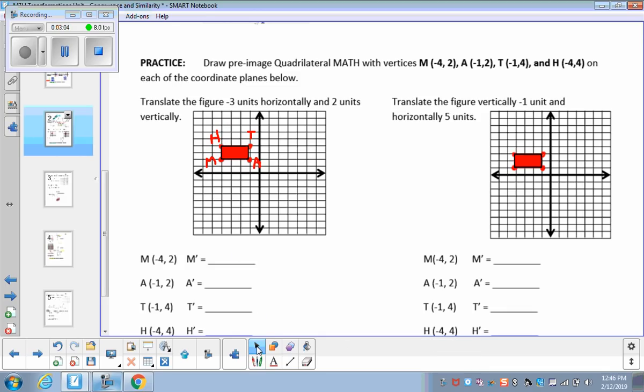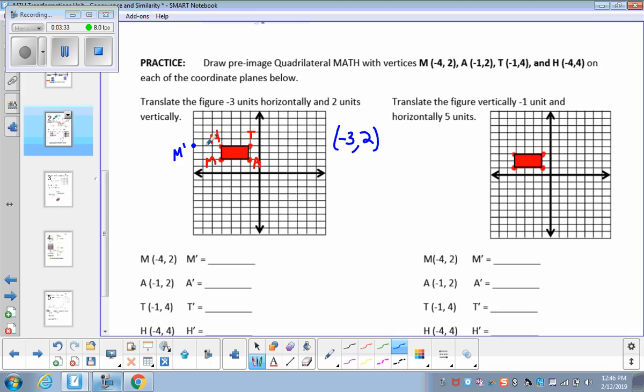What we are now going to do is translate that figure -3 units horizontally and then 2 units vertically. Now horizontally on the x-axis, it's going to move back 3, and then 2 vertically, it's going to move up 2. So the translation written as an ordered pair is back 3 up 2. So each point simply goes back 3, back 1, 2, 3, up 2. That's going to be M prime.